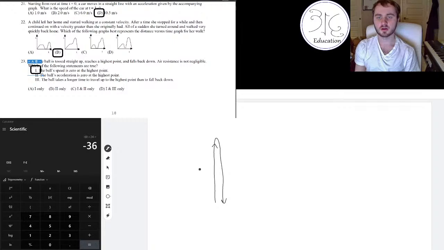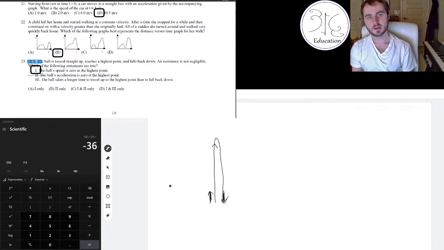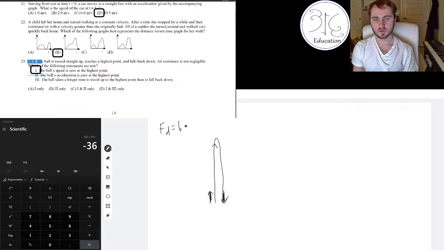In this upwards trip, we have our highest velocity at this point. And for our second one, our highest velocity is at this lowest point. Now air resistance, we'll call F drag, depends on our velocity, right? So when we have our high velocity, we're immediately experiencing strong air resistance right off the bat.